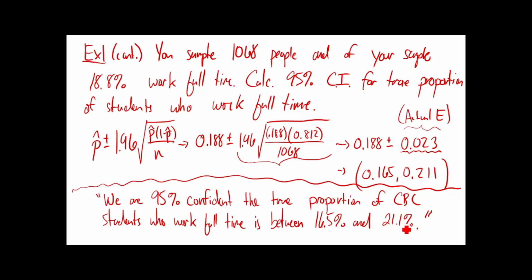Can I say that? No, because it's 95%. Exactly, I'm not 100% confident. I'm only 95% confident. So the truth actually might not be anywhere in there. The truth actually could be lower or higher than that.